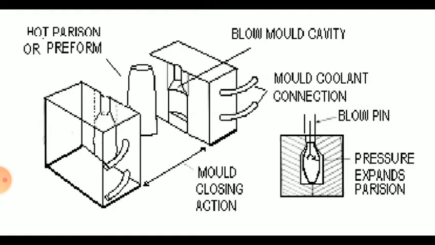The cavity is cooled by the coolant, and on the right hand side you can see there is a blow pin that is used to inject the air into the mold cavity. Due to that air pressure, it expands the parison, and the tube will expand to the walls of the cavity, meaning it is inflated.